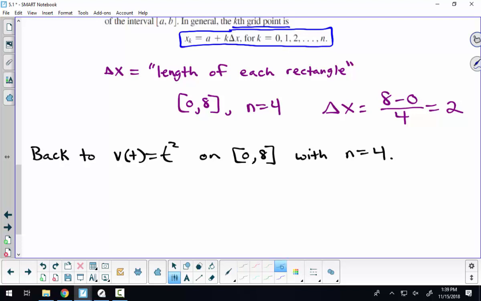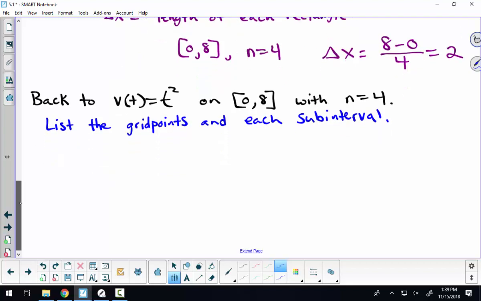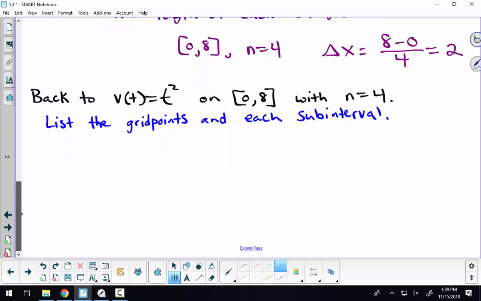So maybe our instructions could be here to list the grid points and each subinterval. And we've already done that by drawing a picture, but hopefully this leads us into a technique where we don't have to draw the picture.